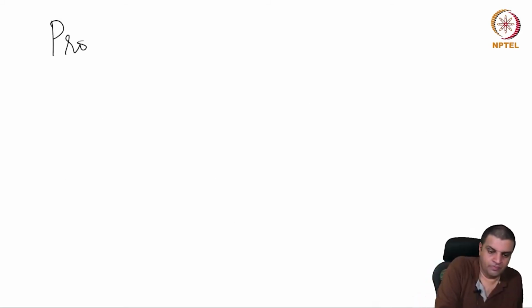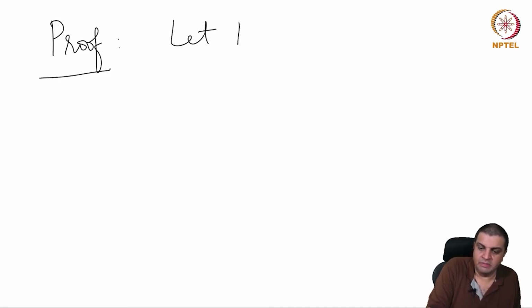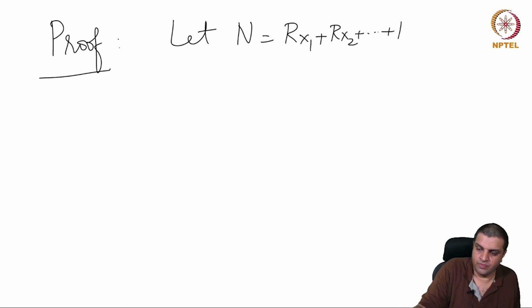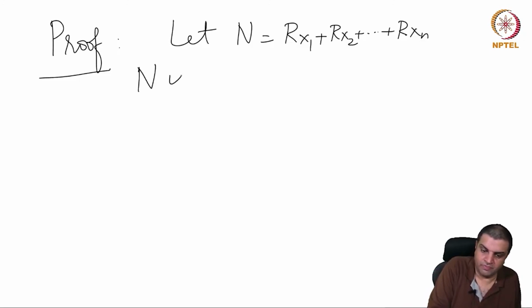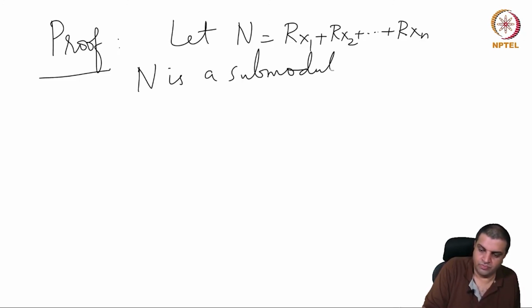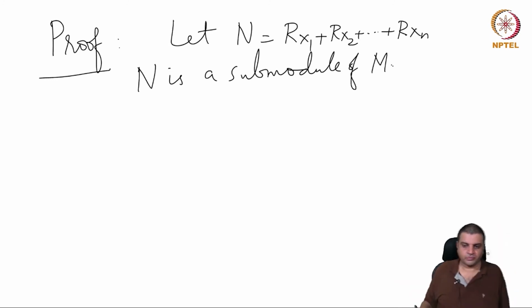Okay. So proof. Let N be the submodule of R linear combinations, R multiples and sums of these n elements. So this is a submodule of M. Okay.